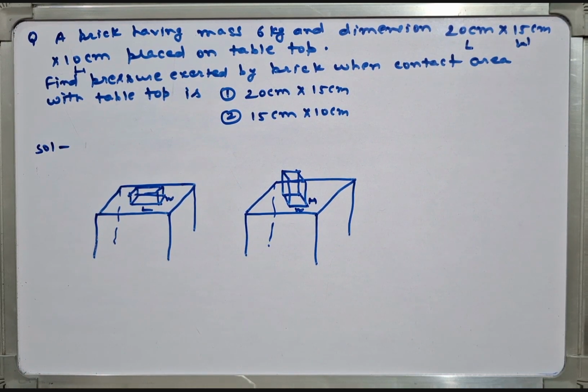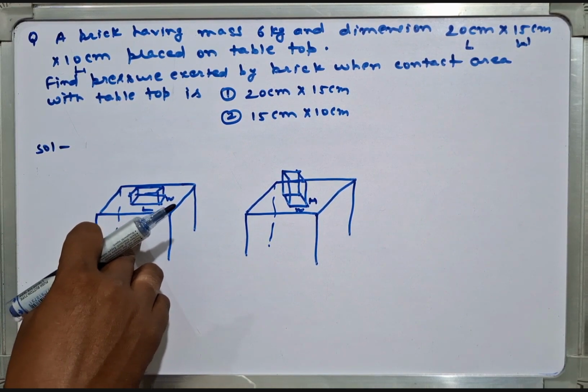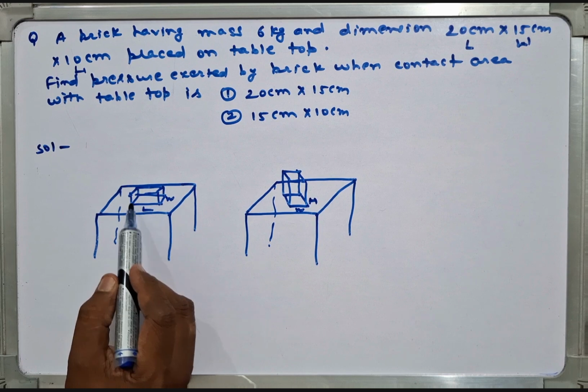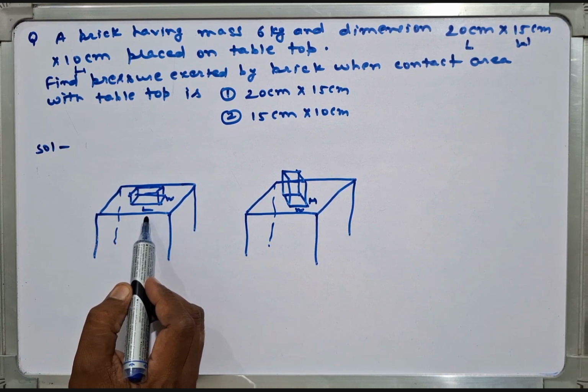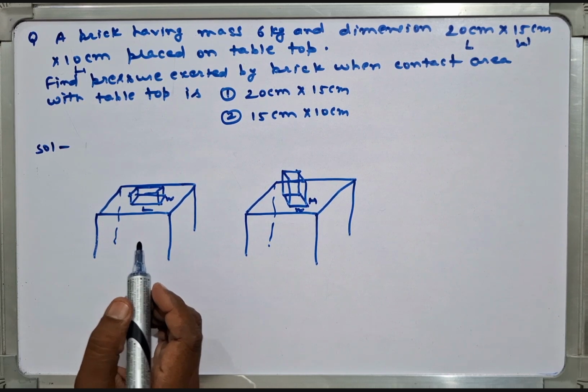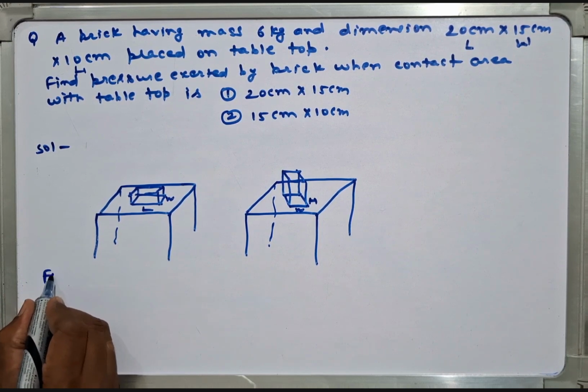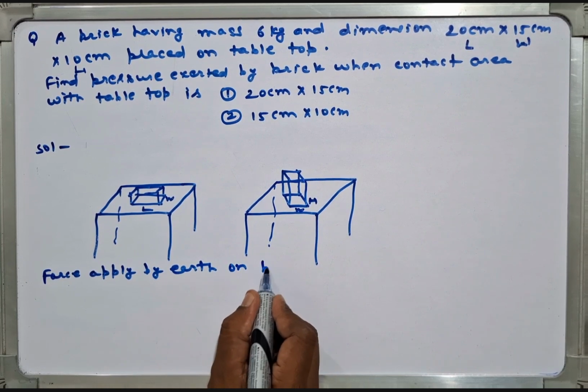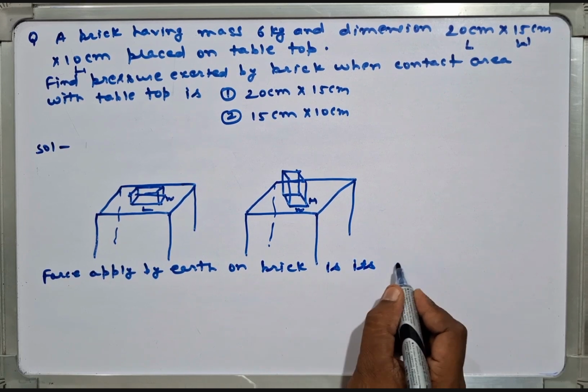Now in your mind a question arises: how does the brick exert force on the table? Guys, you know every mass on the earth's surface experiences a force due to the earth, known as the gravitational force. So we can say the weight of the brick applies the force on the table, because the force applied by the earth on the brick is its weight.